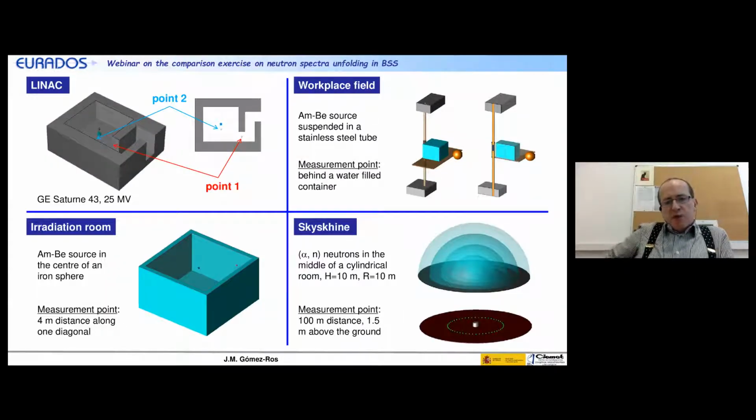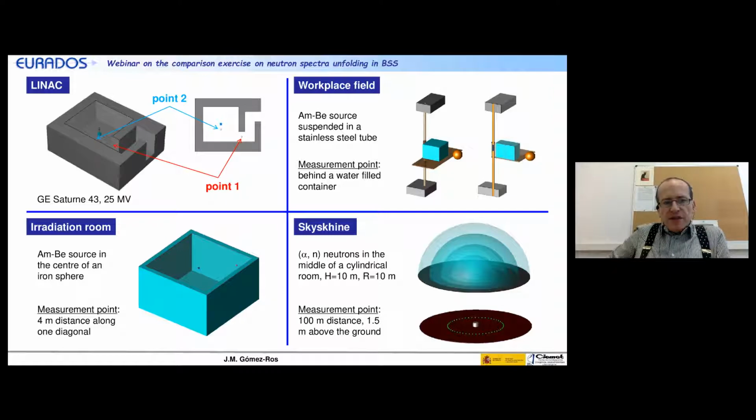These are the 4 scenarios that were considered for the exercise. We considered first a medical LINAC, actually a Saturn LINAC, 25 megavolts energy, situated at the center of a bunker or a treatment room. And we considered 2 points, one at 1 meter from the isocenter and the other at the entrance of the maze. We also considered a workplace field consisting of an americium-beryllium source with this geometry that is depicted in the figure.